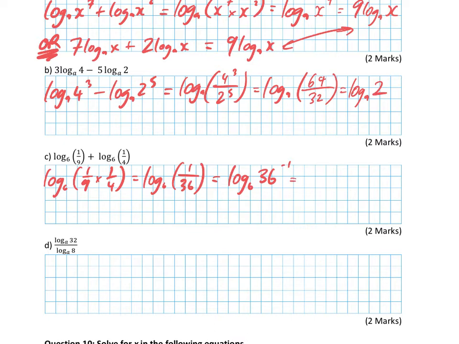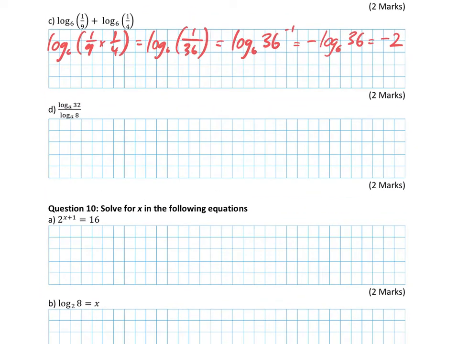That power goes out the front, so negative log 6 of 36. It's as if there's a negative 1 at the front there. What is log in base 6 of 36? Well, it's 2, because 6 squared is equal to 36, so your final answer is going to be negative 2. And there you go, okay?